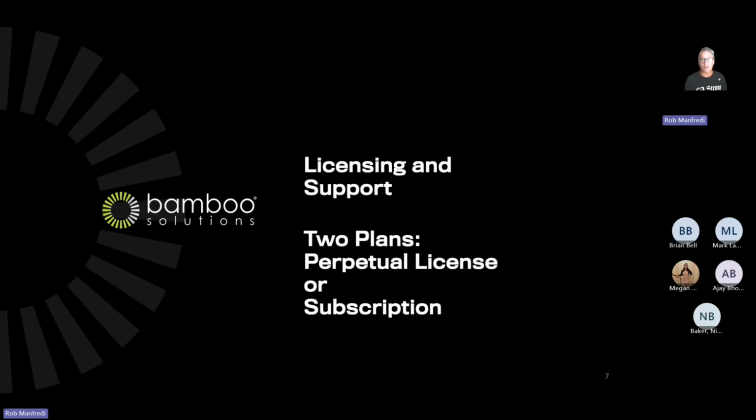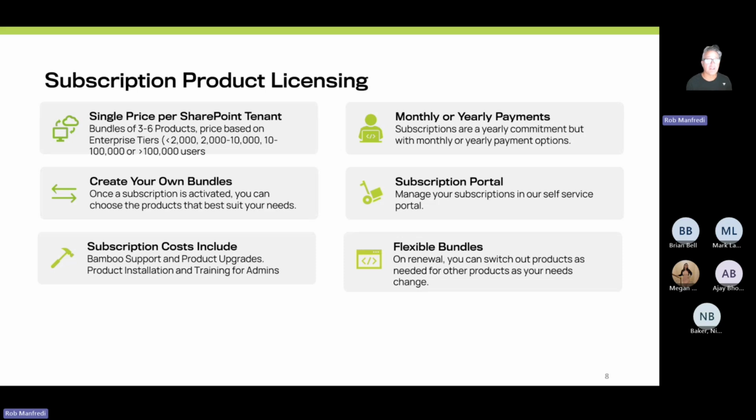Let's talk about our licensing for the products. There are two plans. One is perpetual license and the other is a subscription, really depending on how you want to purchase the products. On the subscription, we have a single price. Actually, we do support 1 through 6 products, so you can bundle them together for discounts. We do have special small business pricing. Once you subscribe to the bundle you want, we'll then just simply populate your account with the products that you want.